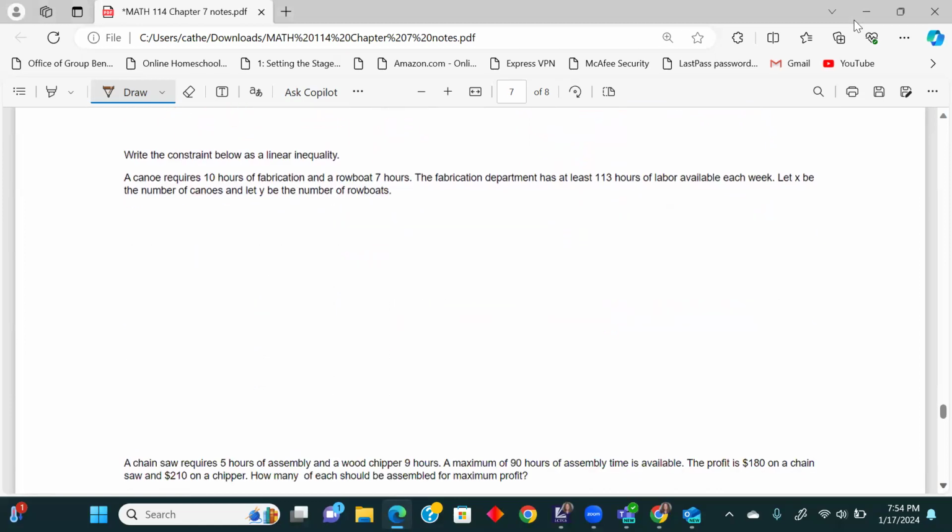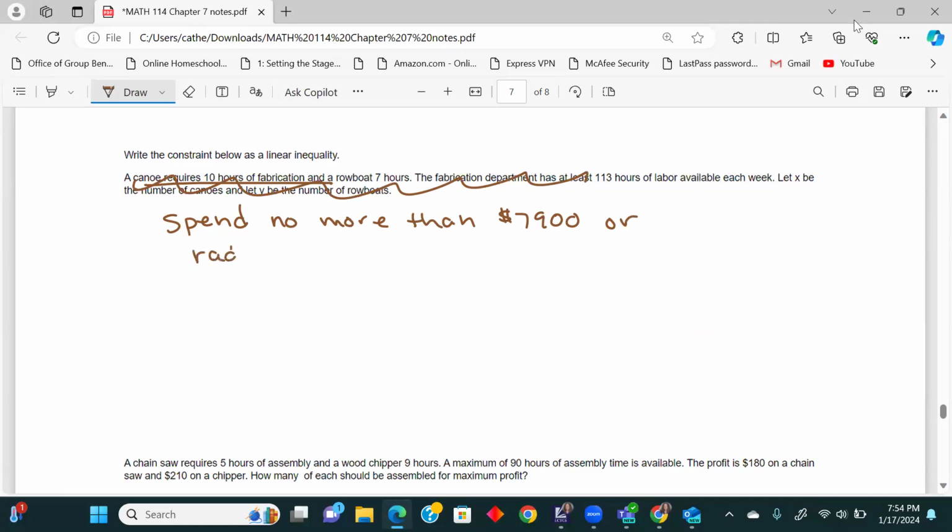Let's look at our next one. This ended up being a duplicate, so I'm just going to talk you through what we're actually going to use. So just ignore this. All right, so a candidate spends no more than $7,900 on radio and TV ads or spots.